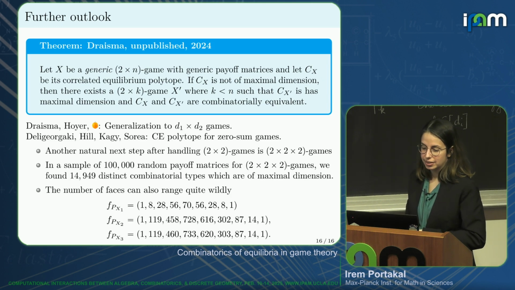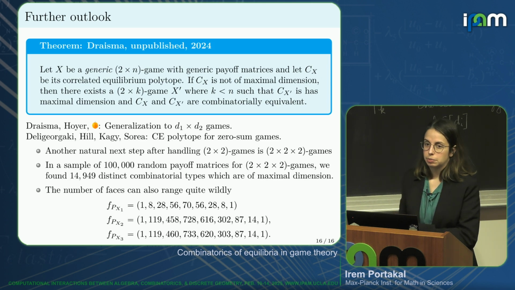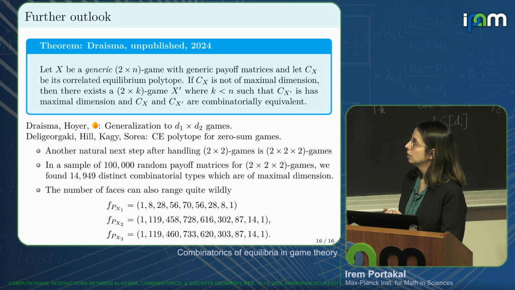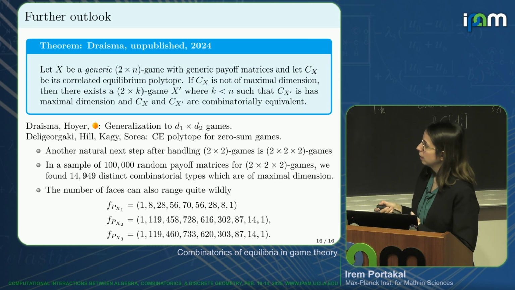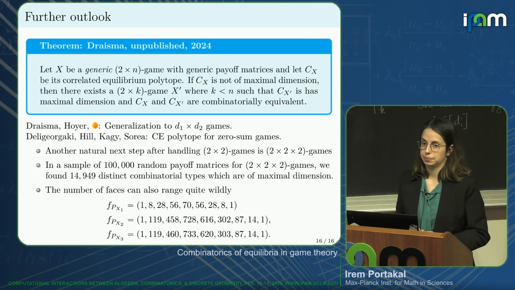Basically, you can start with any 2 times n game and look at the correlated equilibrium polytope. If this polytope is not of maximal dimension, then you can find a smaller game, a 2 times k game, where k is smaller than n, such that the correlated equilibrium polytope of the smaller game is of maximal dimension, and these 2 correlated equilibrium polytopes are combinatorially equivalent.